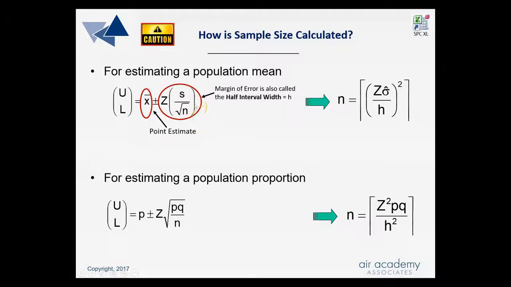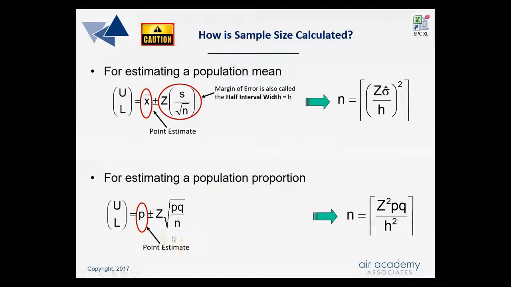In a confidence interval, the standard deviation, the sample size, and a measure of the degree of confidence are all used in the calculation of the margin of error. In a sample size calculation, the margin of error, the half interval width, is specified, along with a couple of other things that will help the software determine and calculate the sample size.